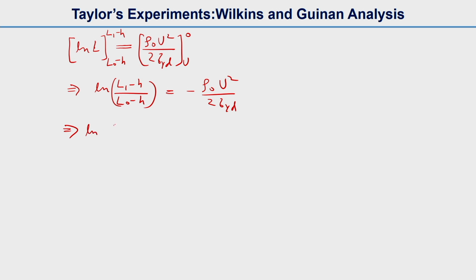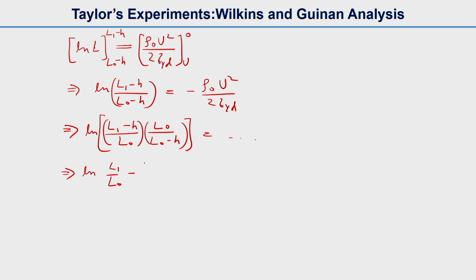On the left hand side, with a little rearrangement, we can write L naught minus h, and this will be ln of the ratio L1 minus L0 by h minus L0, and then this will be same L0 minus h.